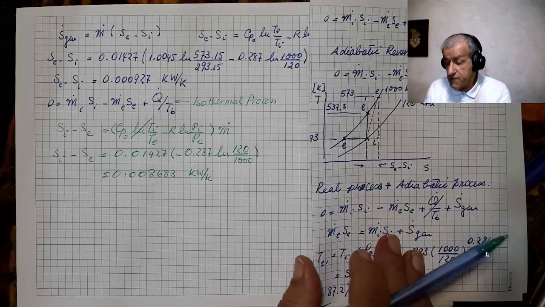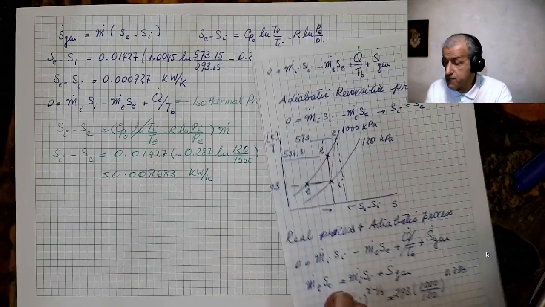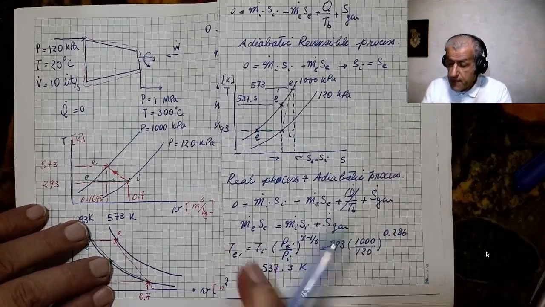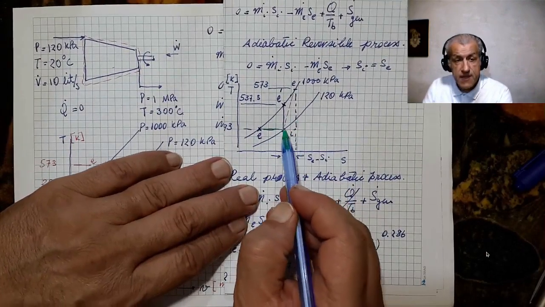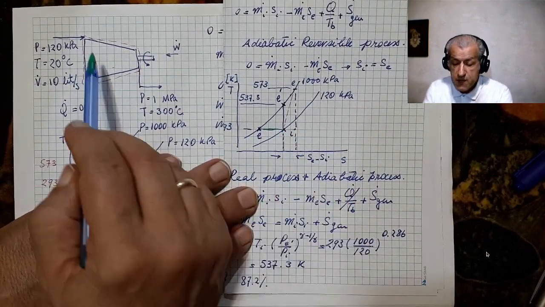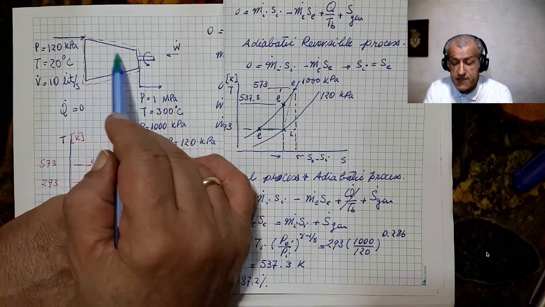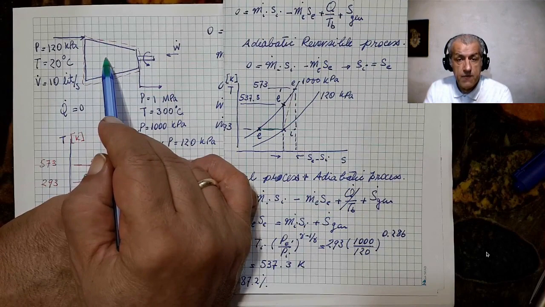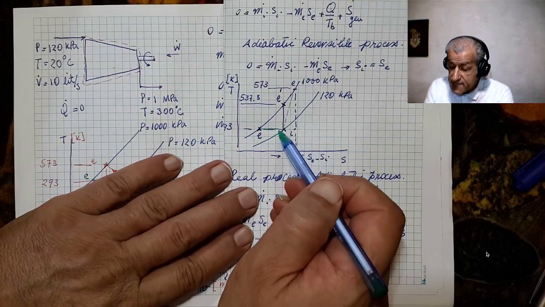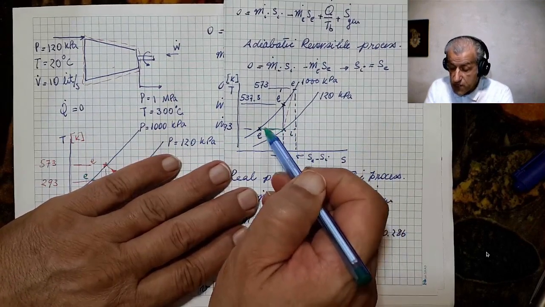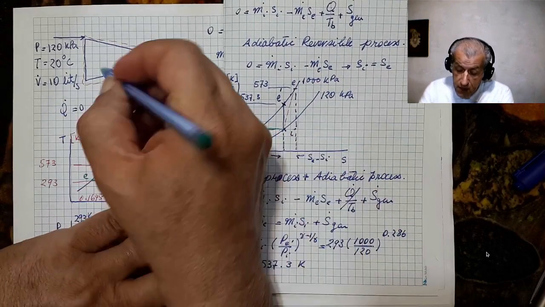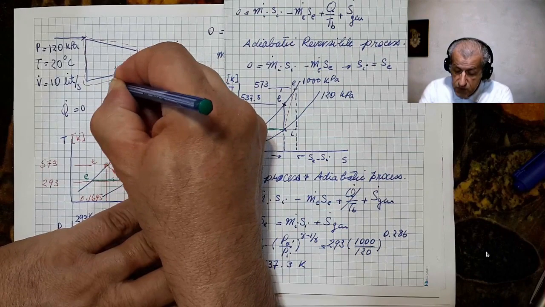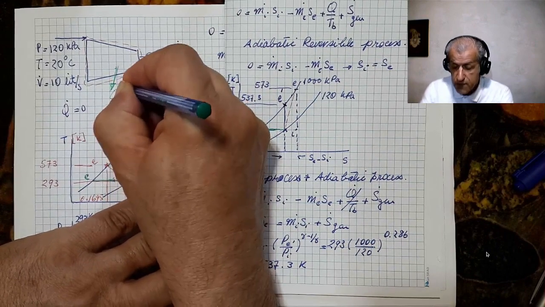And the difference is this: this change of entropy is due to irreversibilities inside this compressor.